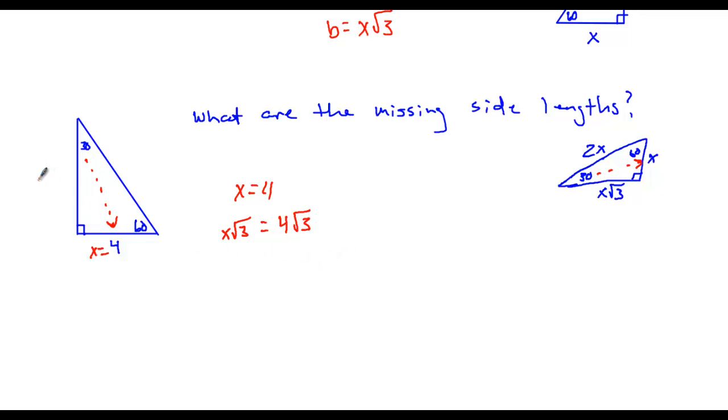So that must mean that this is 4 times the square root of 3. And then across from the 90 is 2x. So if x equals 4, 2 times 4 is 8. So this equals 8. And I just memorize these things, and I can just answer these questions without doing any work, really.